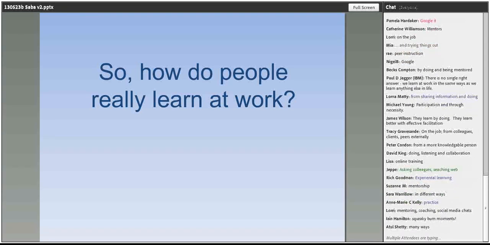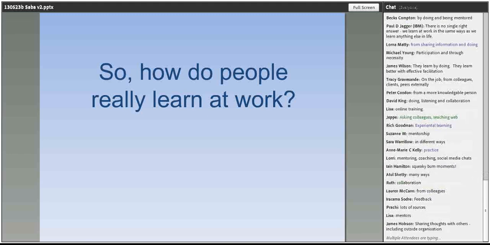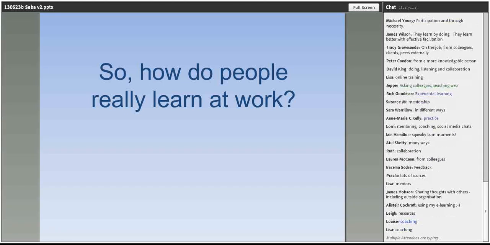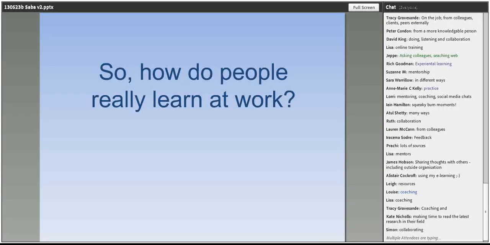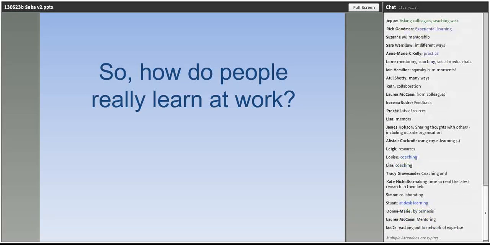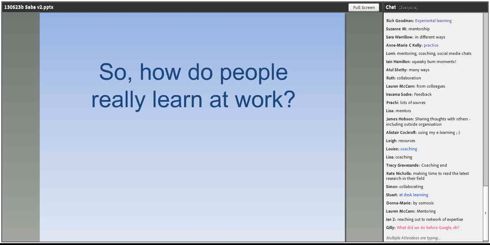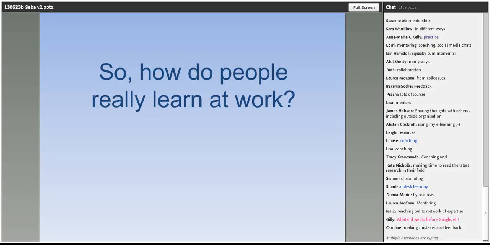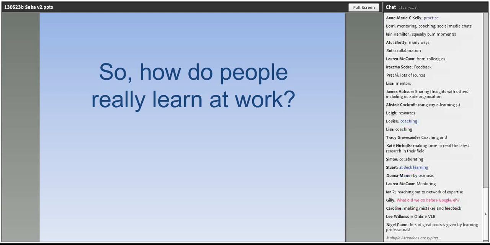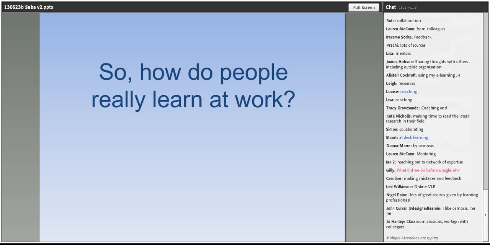Yes, absolutely. And mentorship. Somebody has said it's moving too fast. By practicing, coaching, social media, squeaky bum moments, absolutely, which are ingrained on your memory forever after. Collaboration, team feedback, many. Yes, as you say, Don, really such a wide range of different situations.